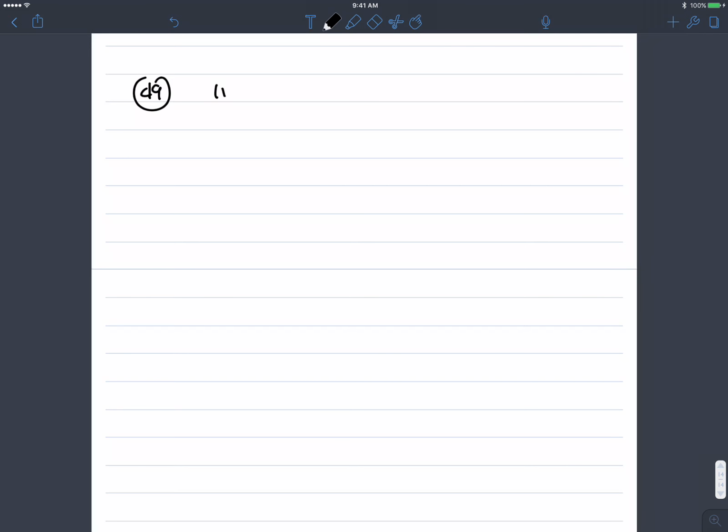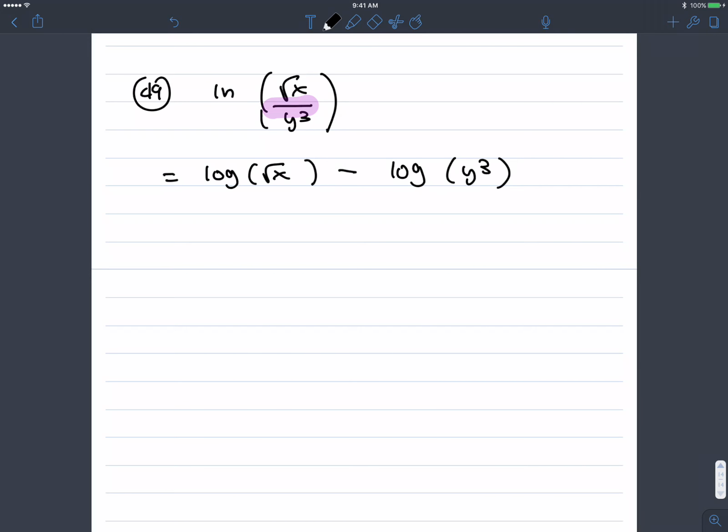49. The natural log of the square root of x over y cubed. Again, notice the quotient, so we use the quotient rule. Log of the square root of x minus log of y to the 3rd power.